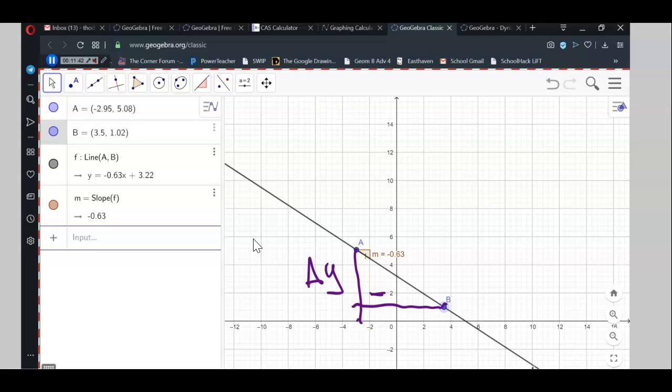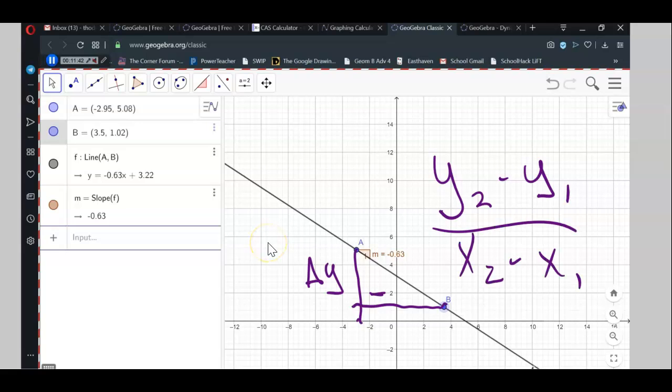There's some negative when I take this y minus that y. Now, some people get really concerned in books. They'll say y2 minus y1 over x2 minus x1. All it really means is if you start with this point, you've got to do the same thing. Start with this point, and you describe it going from this point to that one. This might be x2, y2, and this would be x1, y1.